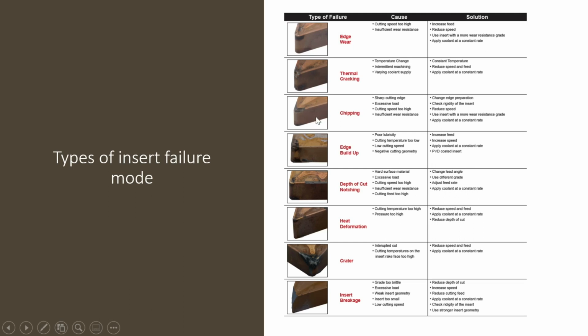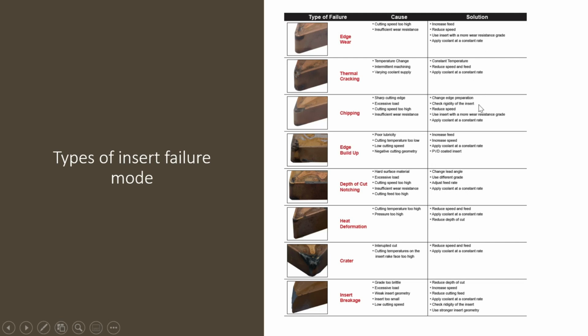Next is chipping. Chipping occurs due to excessive load, or sometimes a sharp cutting edge. If the cutting edge of the insert is very sharp and more force is applied, then chipping may occur. Also, if the cutting speed is high and insufficient wear resistance is there, then chipping may occur.